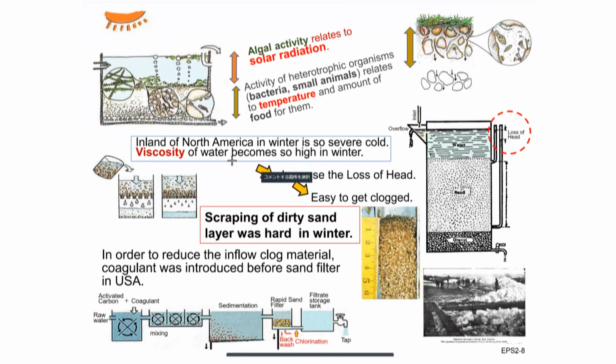And in an open slow sand filter, many algae grow because of the solar radiation in summertime. But beneath the sand surface, there is no sunshine. In that case, there is the activity of heterotrophic organisms, that is bacteria and small animals, related to temperature and amount of food for them.